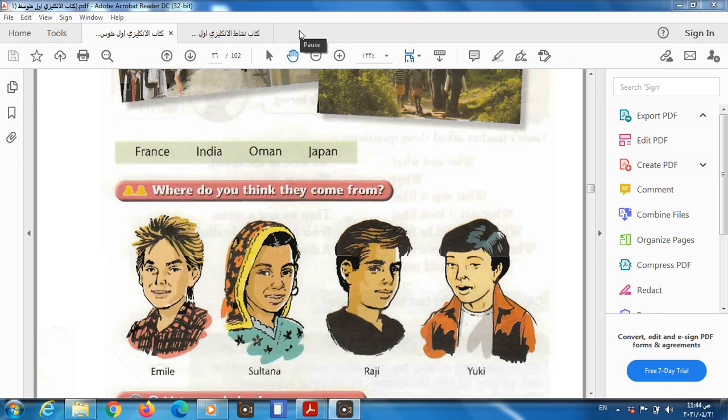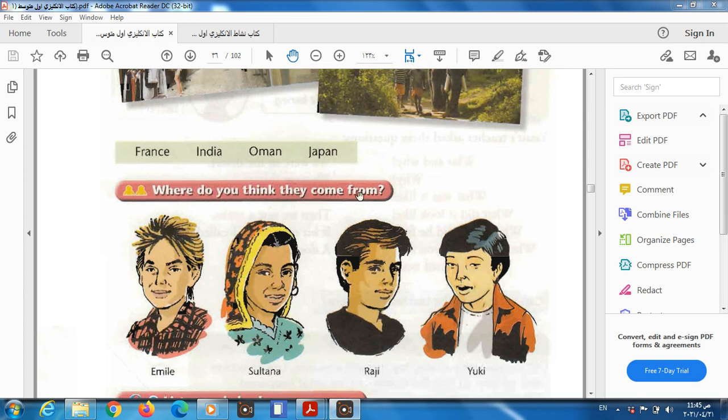Okay, now as you have heard, Emil is from France. Sultana comes from Oman. comes from means تأتي من أو أصلها من، يقصد تابعة للدولة الكذائية. إذن comes from معناته تأتي من أو أصلها من.